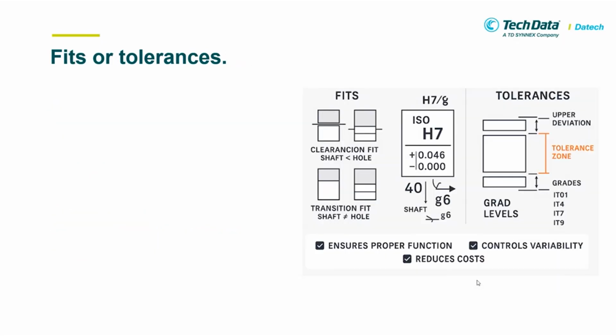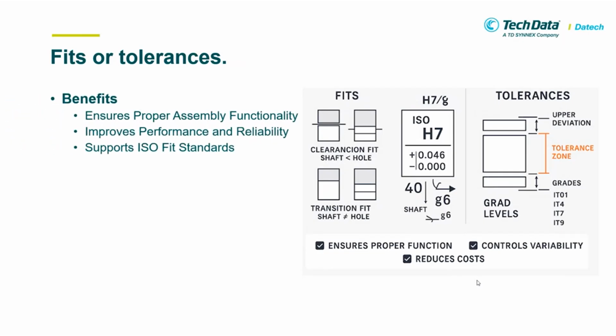The benefits of utilizing fits and tolerances include ensuring proper assembly, improving efficiency and reliability, and supporting the ISO standards. AutoCAD Mechanical Toolset supports ISO 286 fit codes, ensuring global manufacturing compatibility.